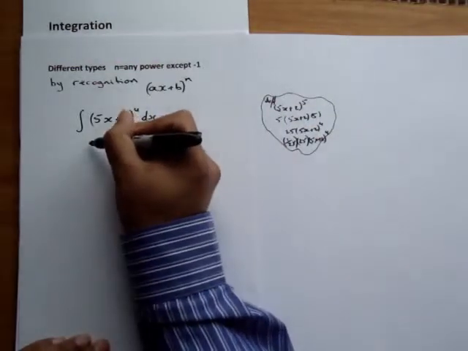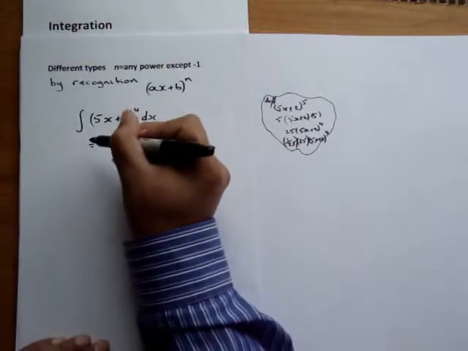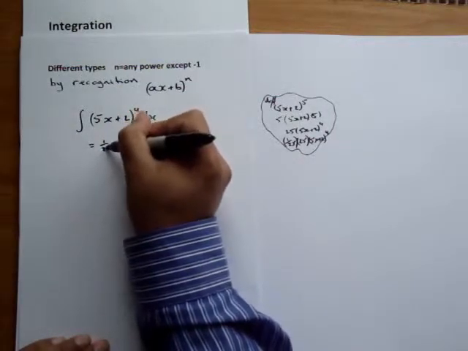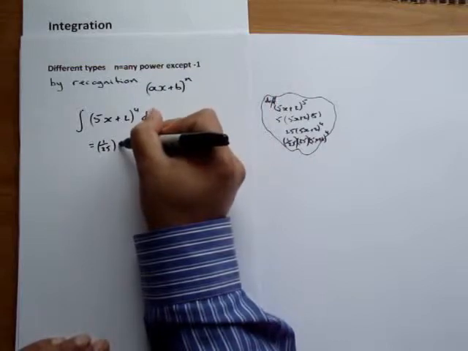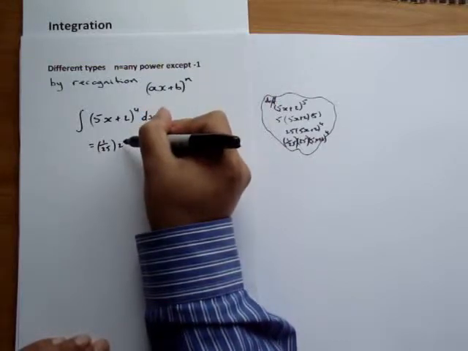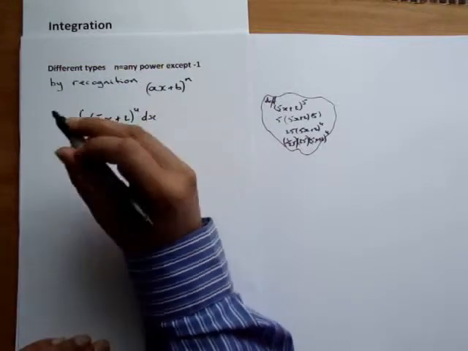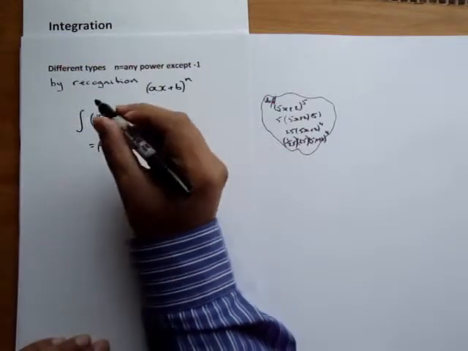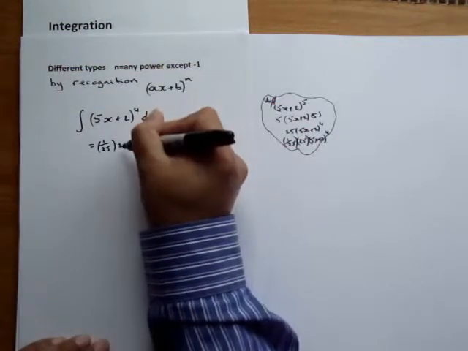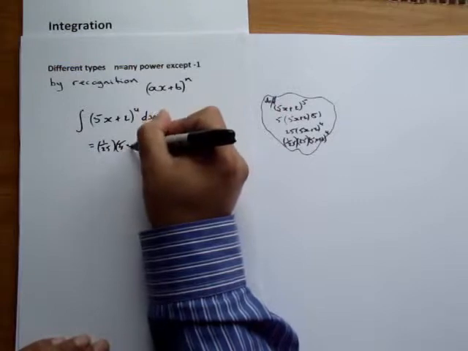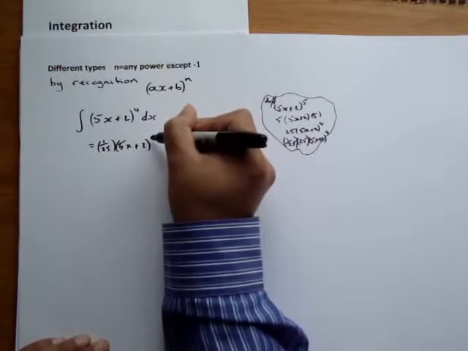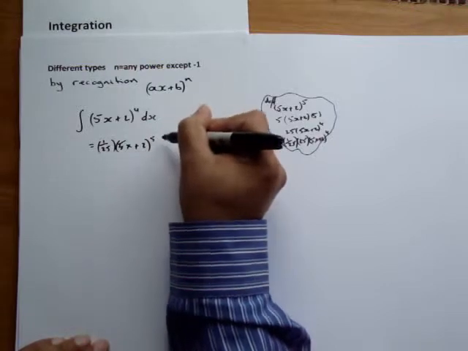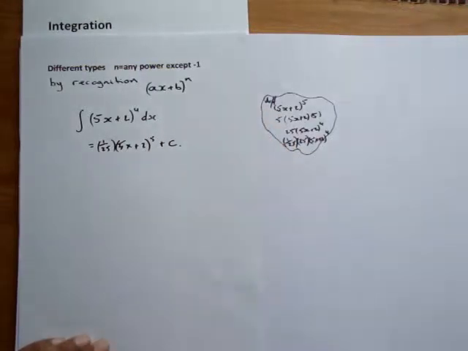So this then becomes 1/25 (5x + 2)^5 + c.